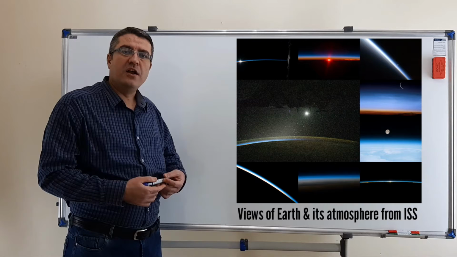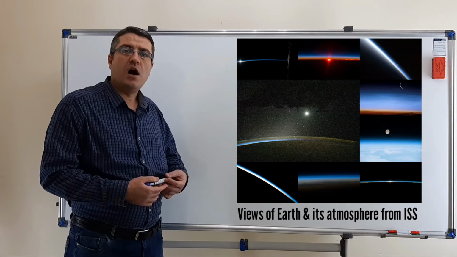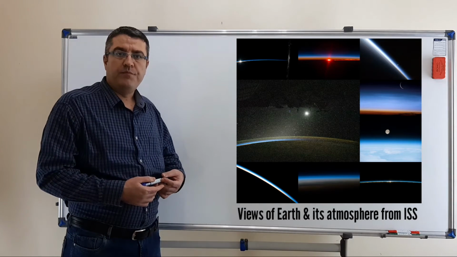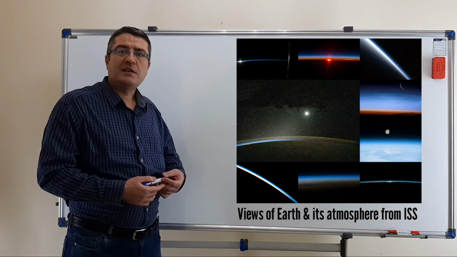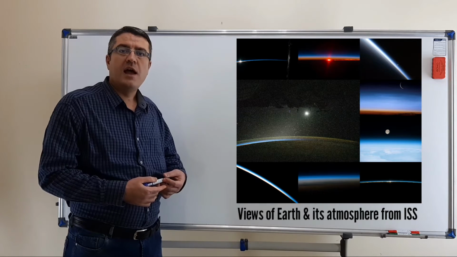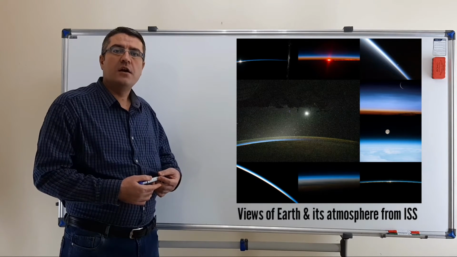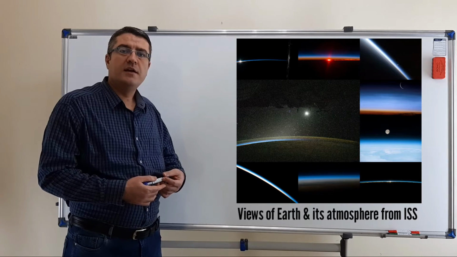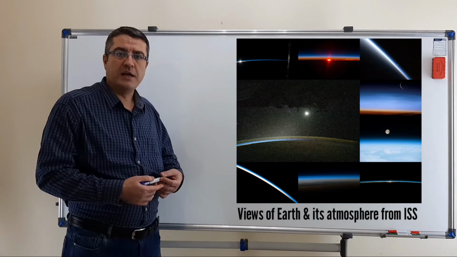The lowest layer of Earth's atmosphere is called troposphere. While in troposphere, temperature decreases with increase of height, in its upper adjacent layer, called stratosphere, temperature increases by increase of height.